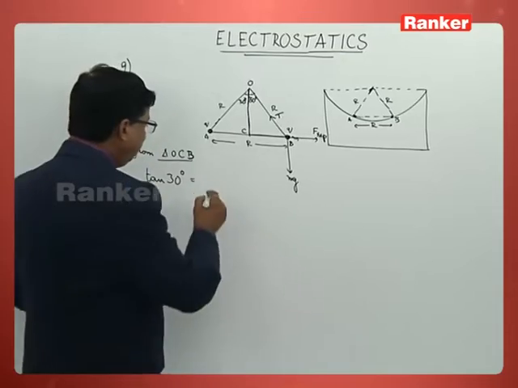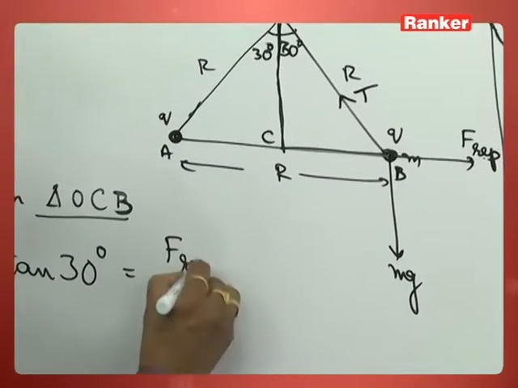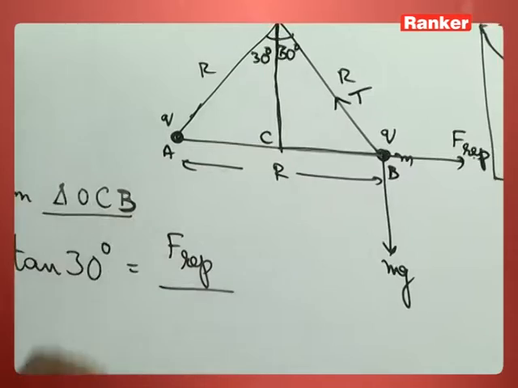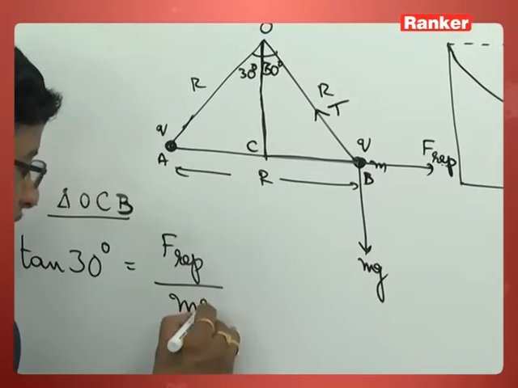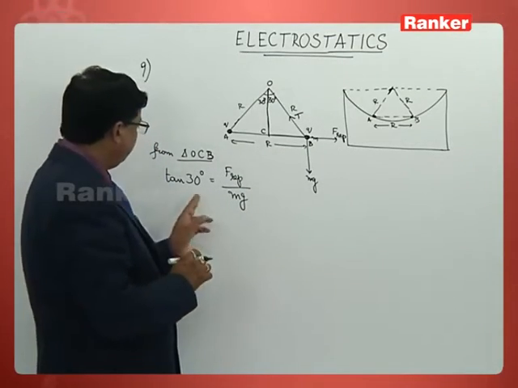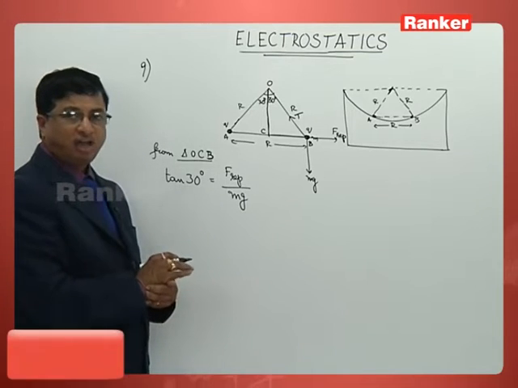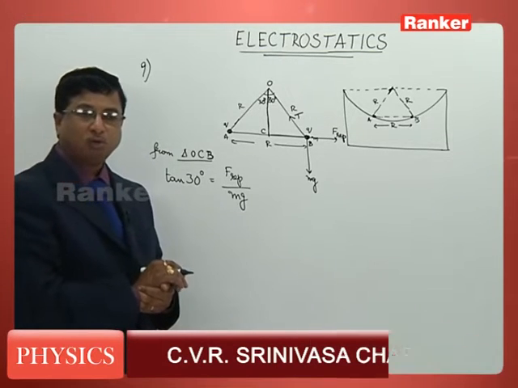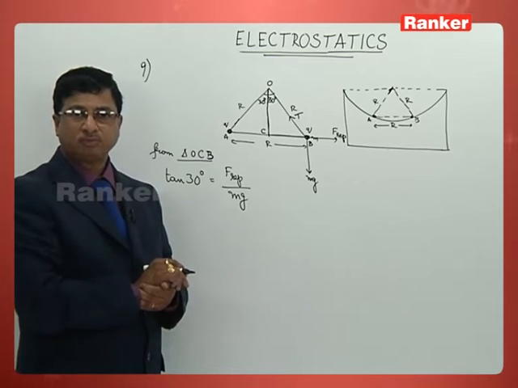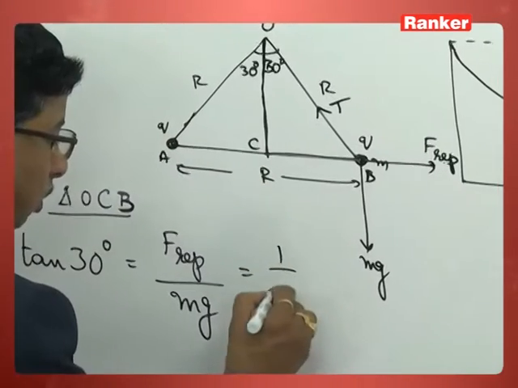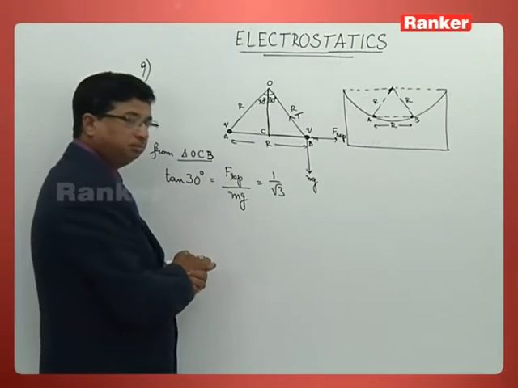Opposite means I can take that one as repulsive force between the beads, and adjacent means I can take the weight over here. But all of you can certainly understand tan of 30 is nothing other than 1 by root 3. So you can now understand this is equivalent to 1 by root 3.